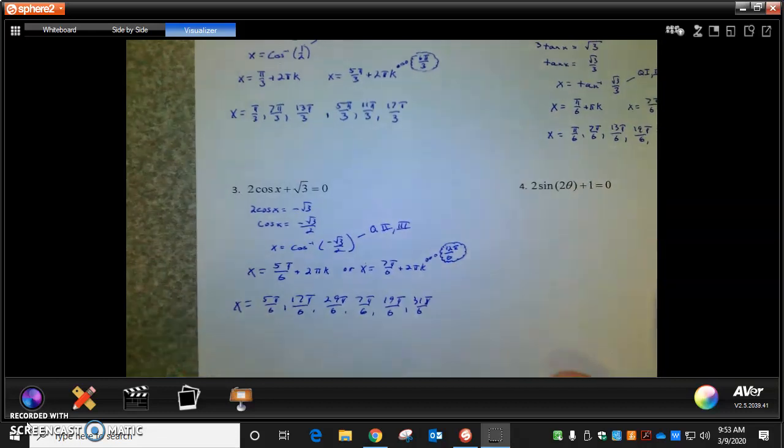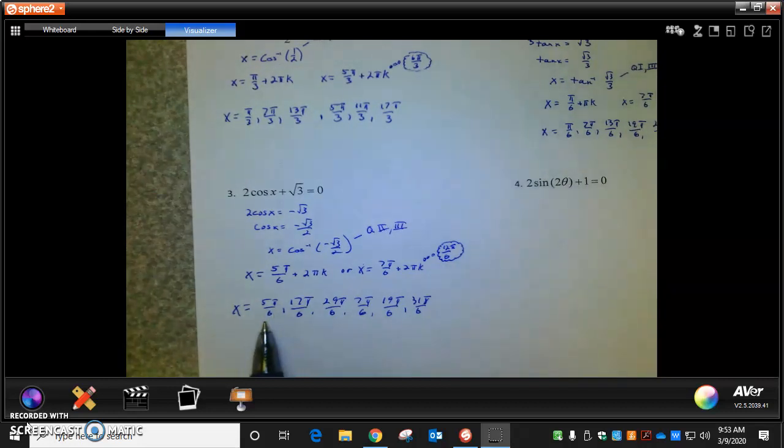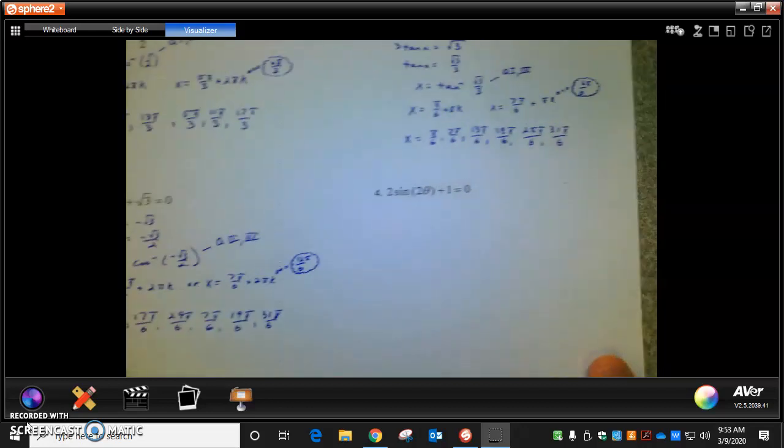That's the magic number. And so I took 5π/6 and added 12/6 and got the next angle and the next angle. I could have kept going, but the numbers are starting to get big, so I went over to this angle and added 12/6 and 12/6 to get my 6 total solutions. Okay?